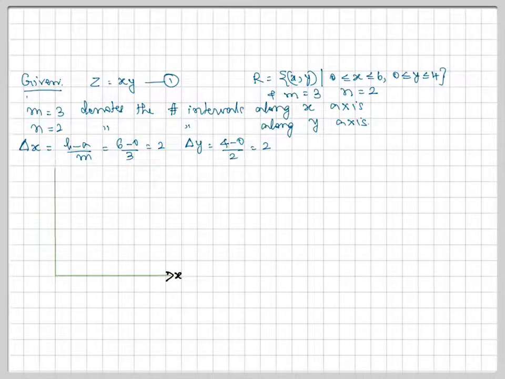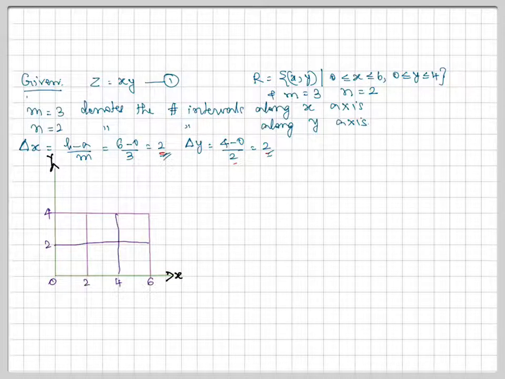So if we picturize this along the x and y, x runs from 0 to 6, y runs from 0 to 4. So we get a rectangle, but along the x we have to divide into 3 subintervals, each of width 2. Along the y we have to divide into 2 subintervals, each of width 2. So we divide that and get 6 subrectangles.